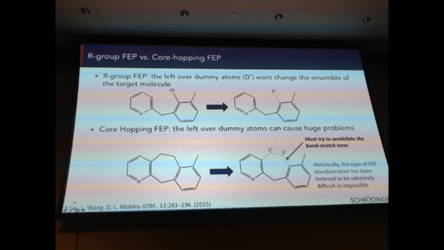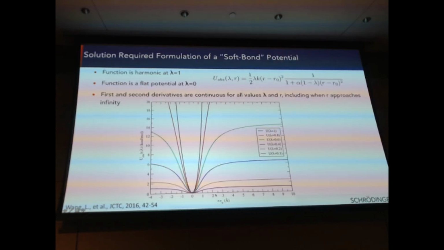And as we showed in this paper in collaboration with Professor David Mobley, if you don't deal with this correctly, there are large errors introduced in the FEP results. So therefore, in core hopping FEP, you have to explicitly calculate the free energy to break a bond or to form a bond. And this was believed to be extremely difficult because in classical mechanics force fields, we usually use a harmonic potential to represent bonded stretch interaction.